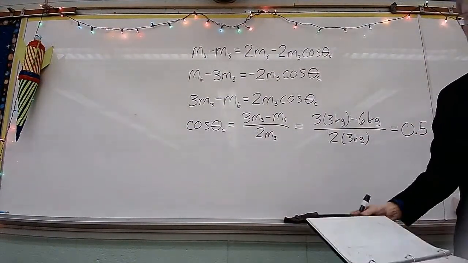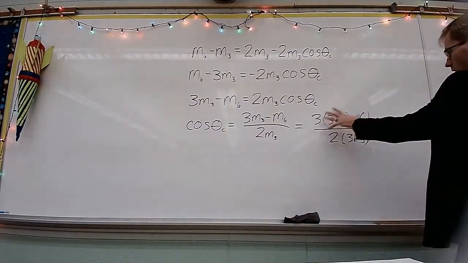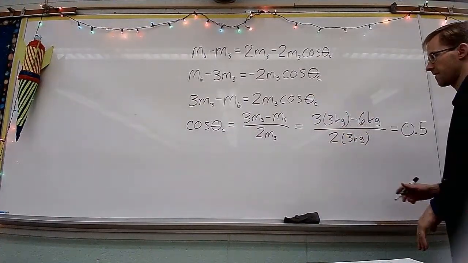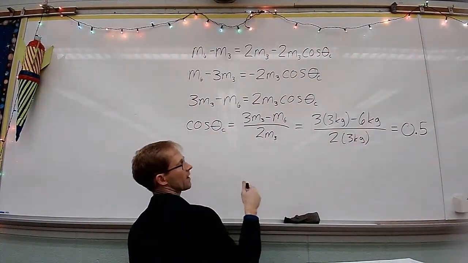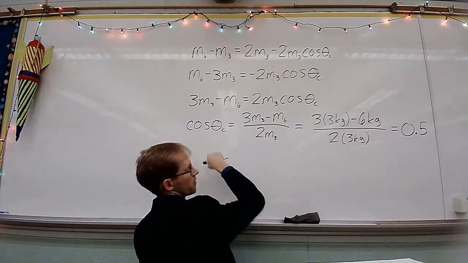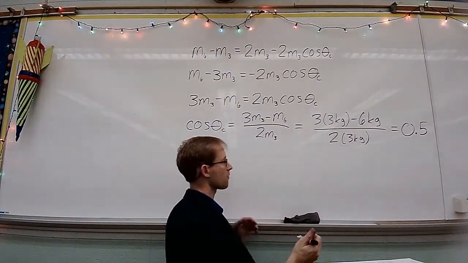So if you get 0.5 for this madness here, then in order to get your angle, when you pull out your cosine, you're taking the inverse cosine.